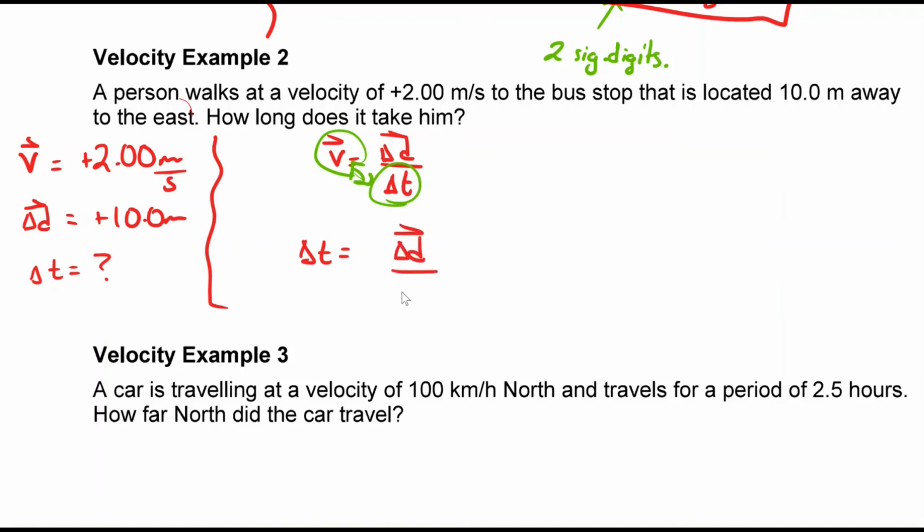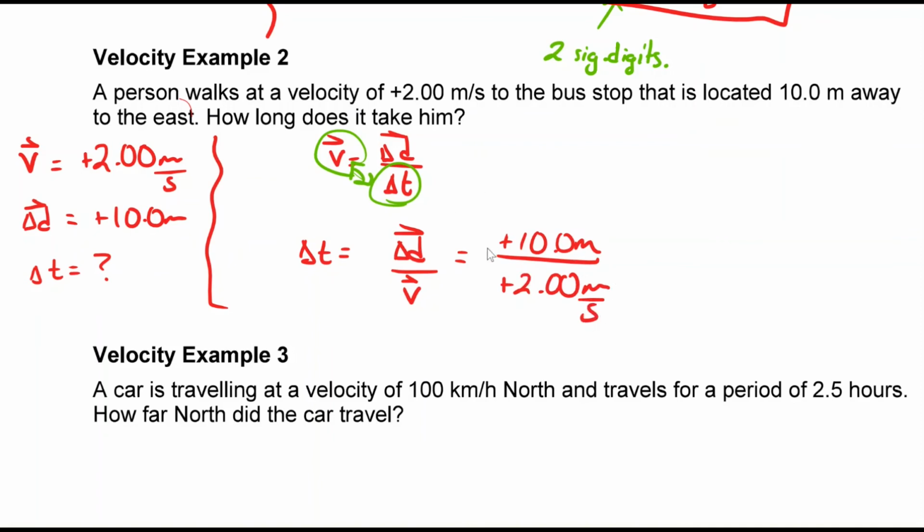And if you don't remember how to do that, you can watch the video on rearranging equations, or watch the video from yesterday, average speed. So delta t equals the displacement divided by the velocity. So positive 10 meters divided by positive 2.00 meters per second.